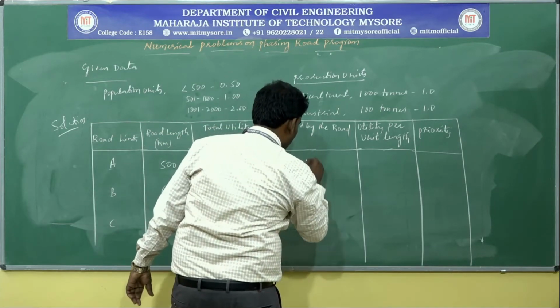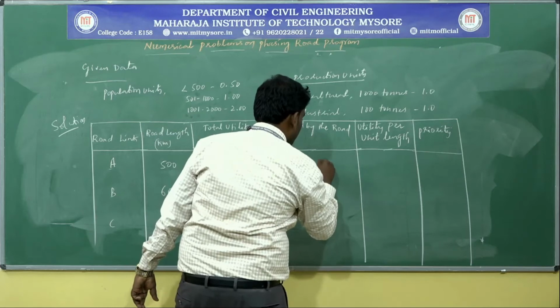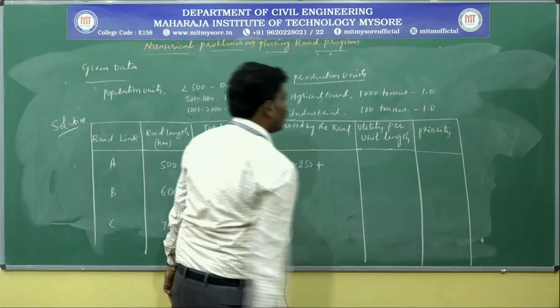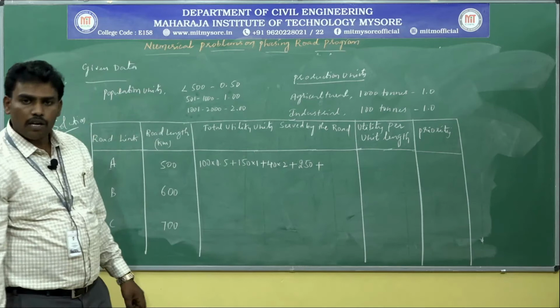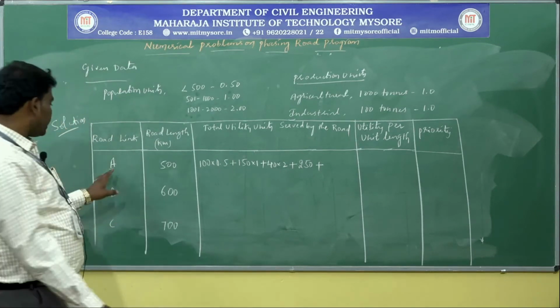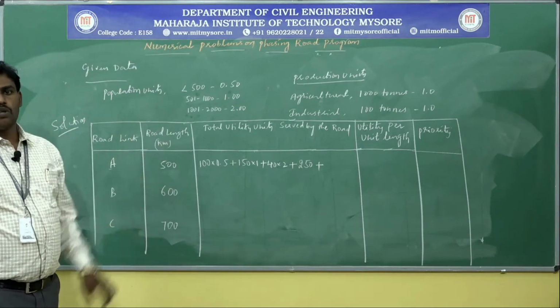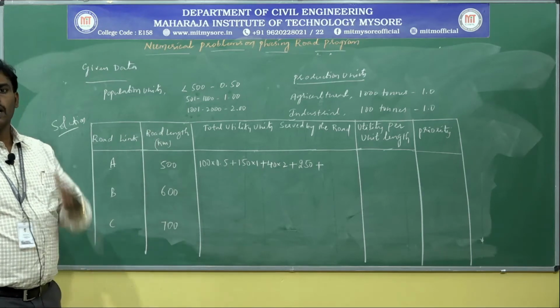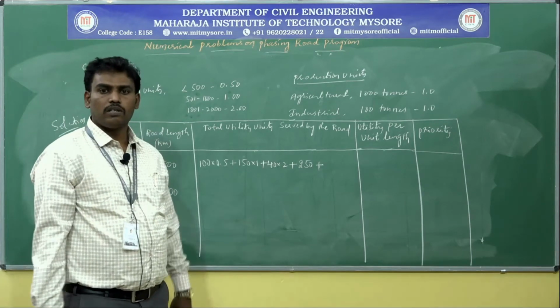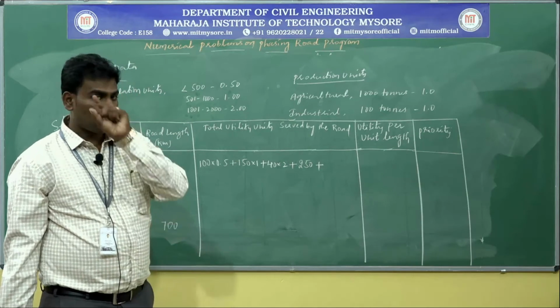Plus, for industrial products for road link A, they have given about 20,000 tons.